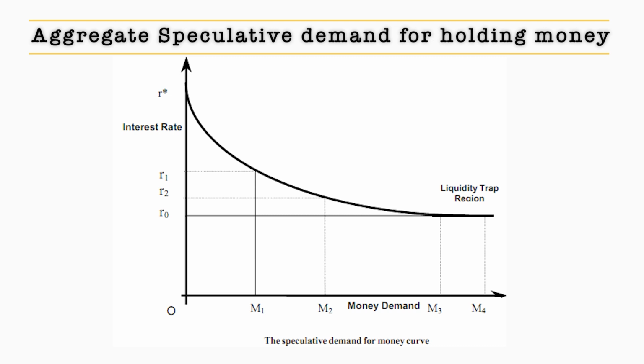So, after reaching this very low interest rate, which is referred to as R3 in this diagram, the speculative demand for money will increase infinitely and no one is going to hold bonds. So, there will be no further drop in the interest rate after here, and Keynes terms this situation the liquidity trap situation, and the speculative demand for money schedule becomes nearly horizontal in this zone. So, this is a zone of the liquidity trap.